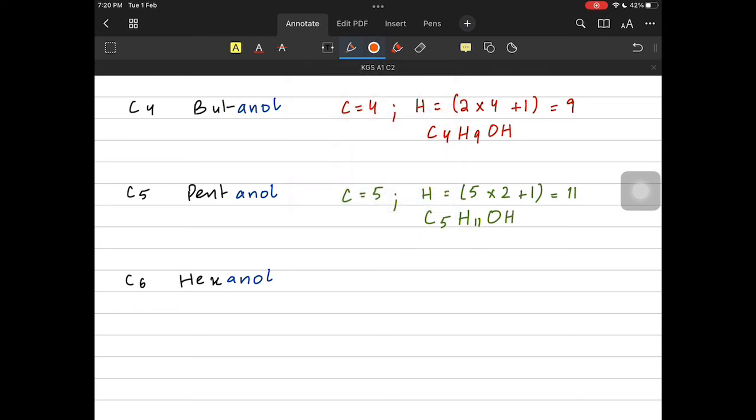Now hexanol has 6 carbon atoms. So hydrogen is going to be 2 times 6 plus 1, which is 12 plus 1, 13, and we get C6H13OH.